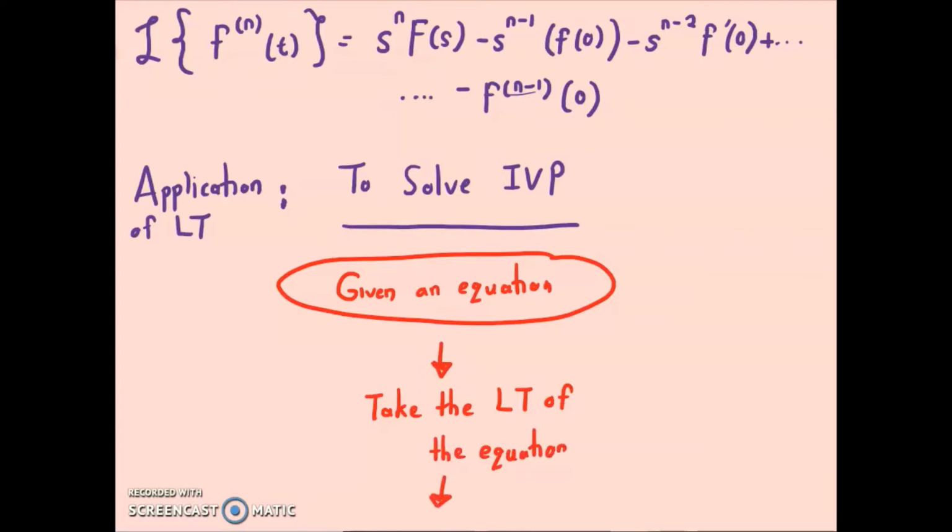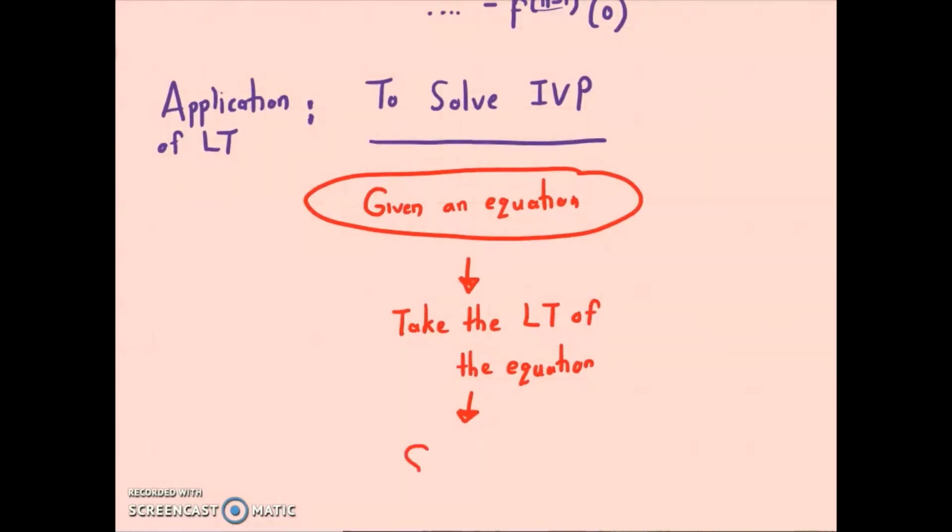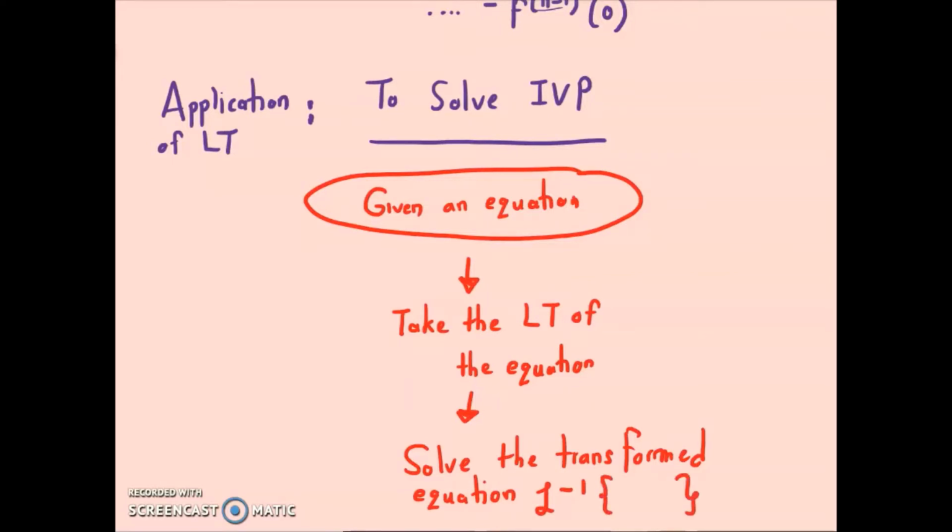And then the last step, we solve the transformed equation, which means that you take the Laplace inverse of the transformed equation. So there are 3 steps that you need to take.